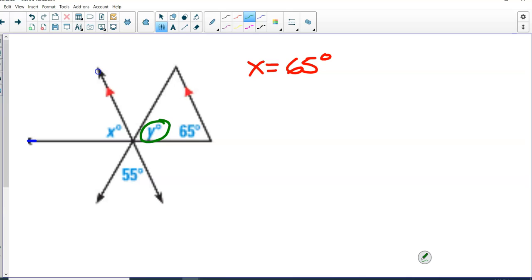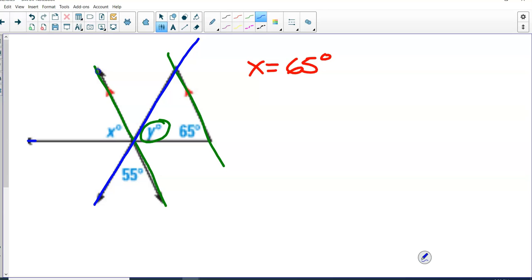Does angle y have a special relationship with any of these other angles? Let me put back up my parallel lines. And a transversal. Well, 55 degrees is the only other angle that goes along the blue transversal, but does it have a special relationship with y?